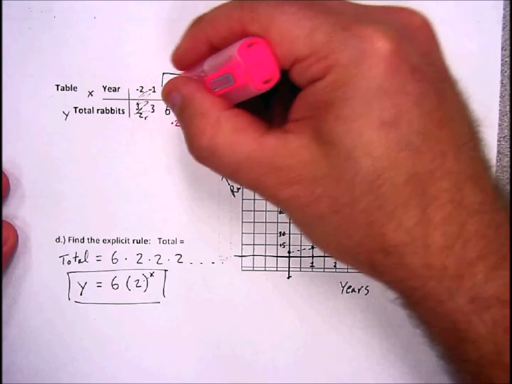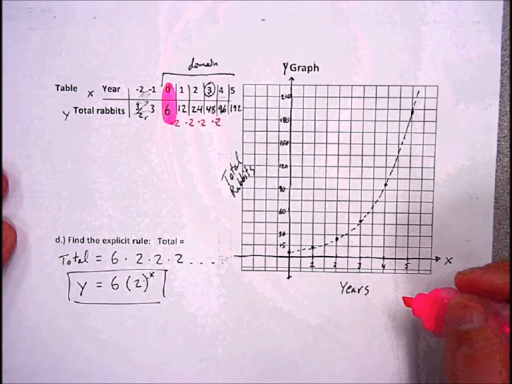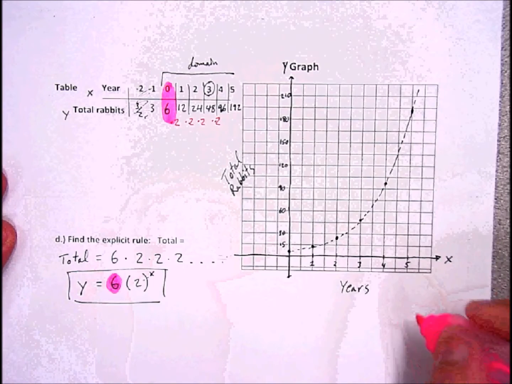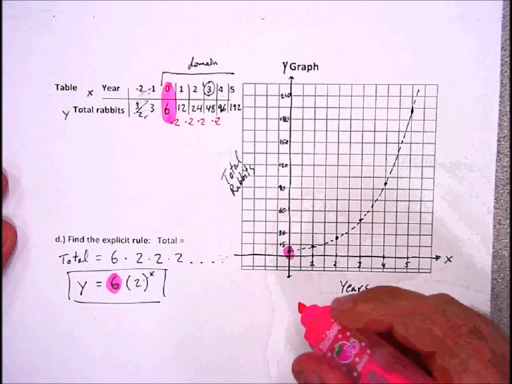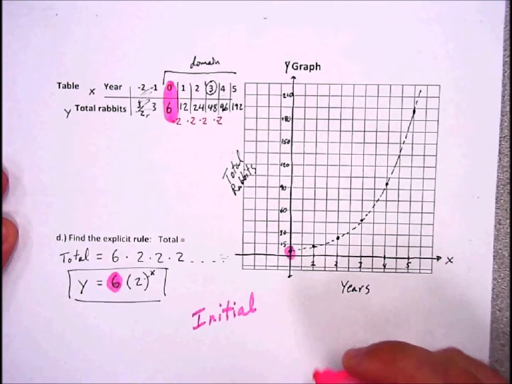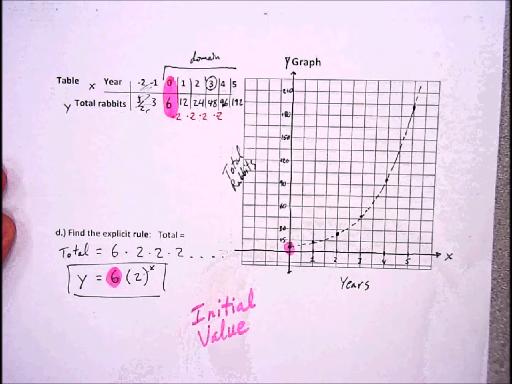Well, the first thing is there's this starting value, this initial value, right, at 0, 6. And in my rule, that's going to show up here. On my graph, that's going to be my y-intercept. So I've got this initial value, right, when my input is 0.